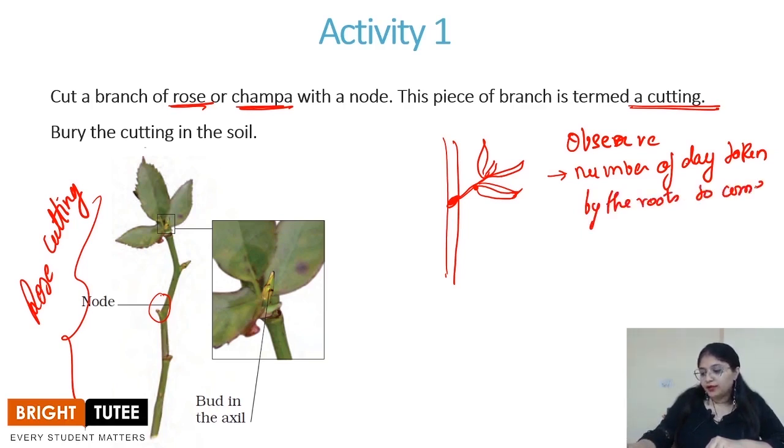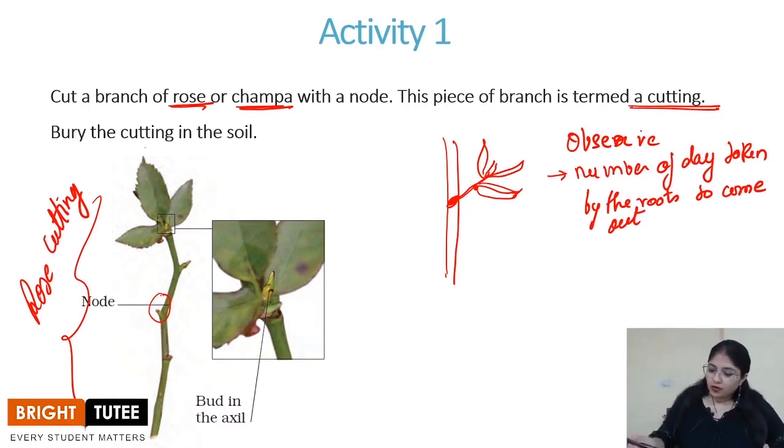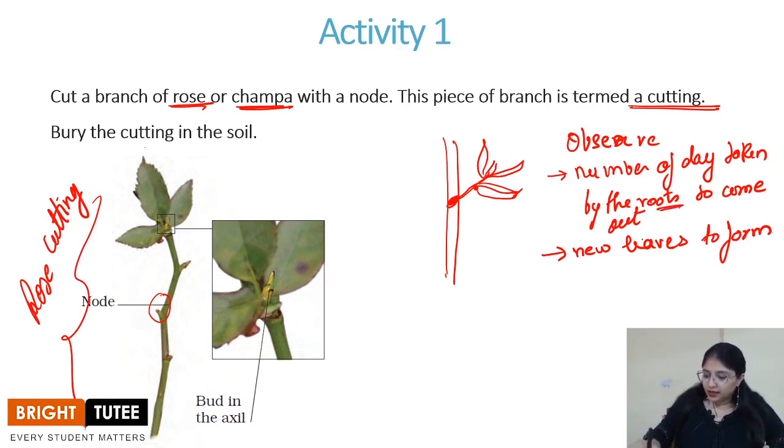So we want to observe how much time it takes for the root to come out. Another thing which we are going to observe is the number of days for new leaves to form. So the two things that we are observing are the number of days it will take the root to come out and the new leaves to form, right?